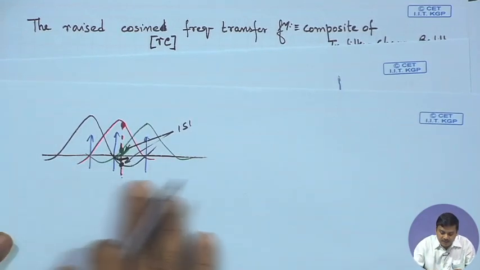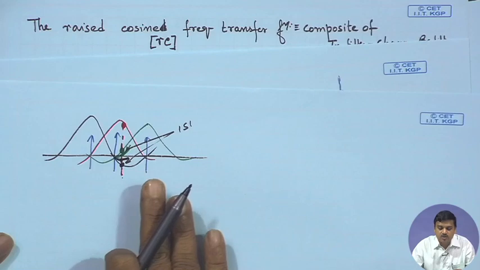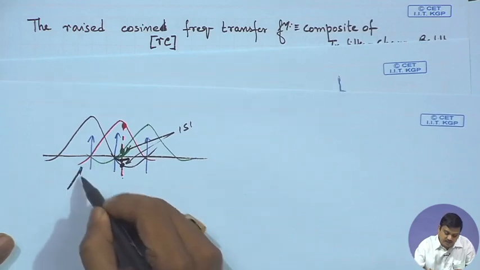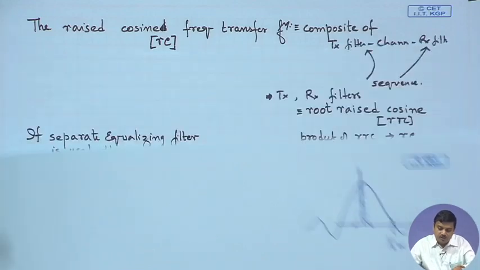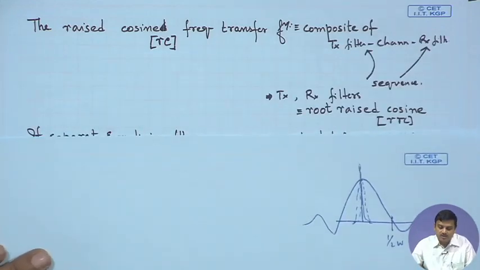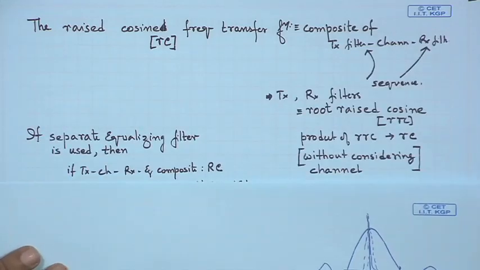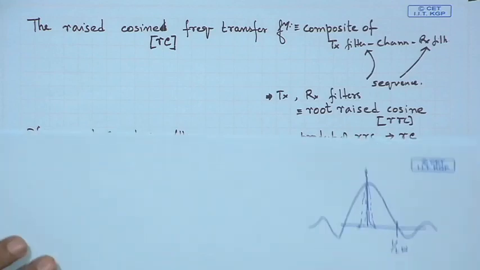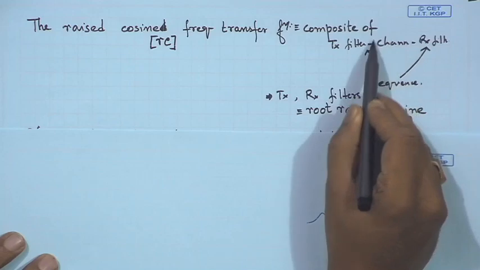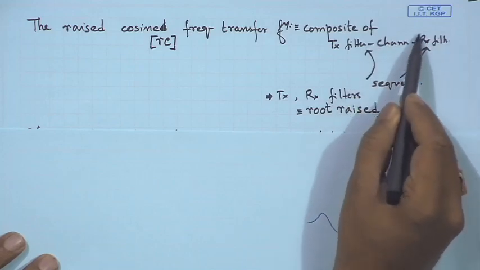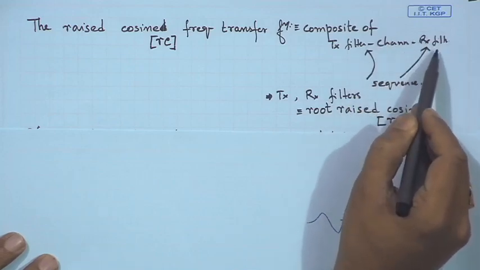Whatever happens, if you get this, there is no ISI, right. If you are sampling at the right points, there is no ISI. So, this is the composite, we want to have the raised cosine. If you want the composite to be the raised cosine, you have the transmit filter at the transmitter side, you have the channel, and there is a receive filter, right.